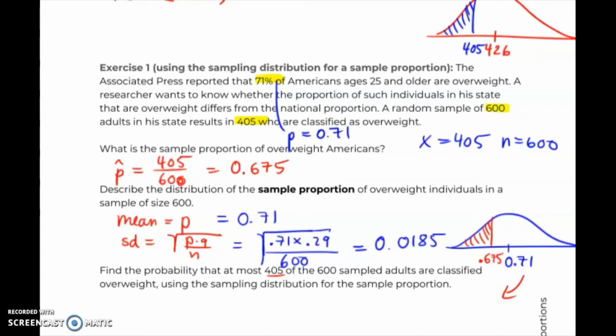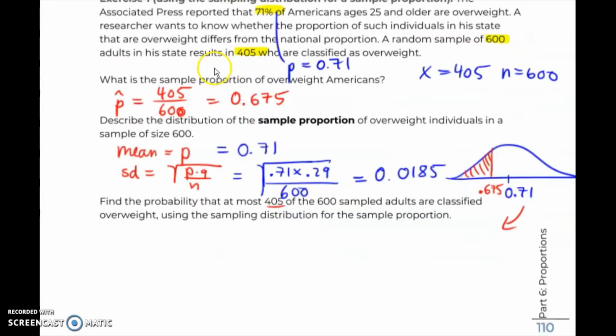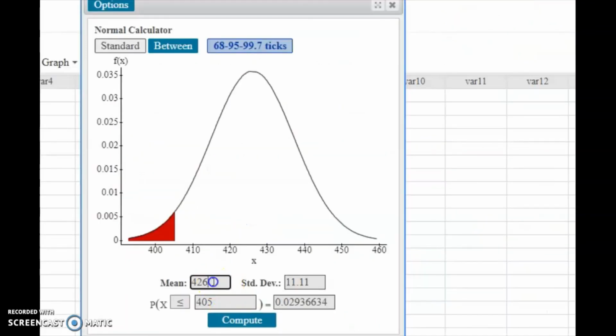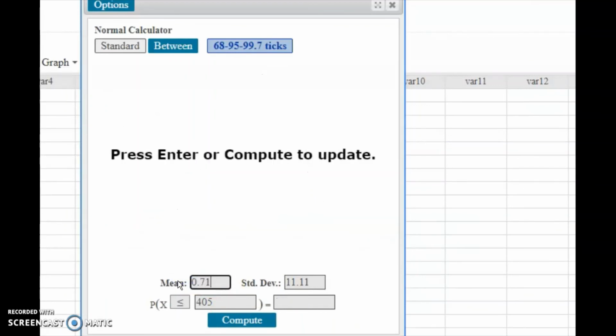So let's find this probability again using StatCrunch, and we should get a value that's pretty close to the previous one. Using the same online calculator, but we're now going to change our mean to 0.71 because our sampling distribution is centered at the population proportion. Our standard deviation is 0.0185, much smaller obviously because we're looking at values between 0 and 1.